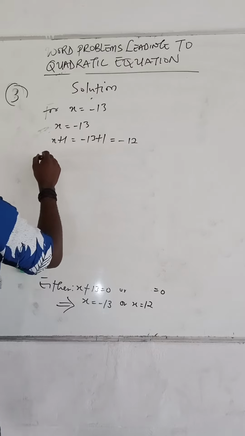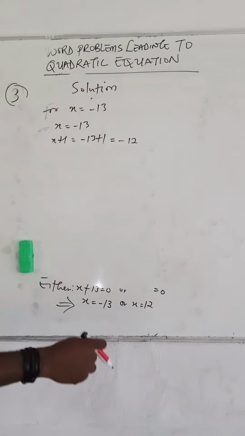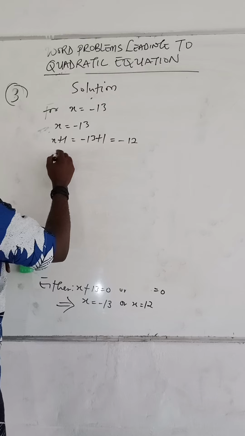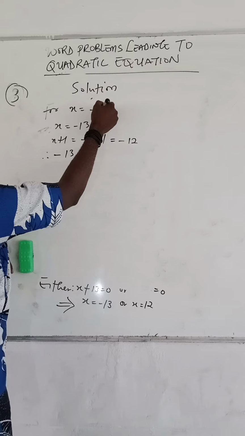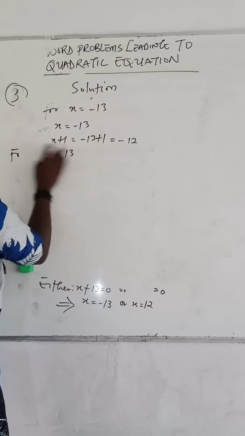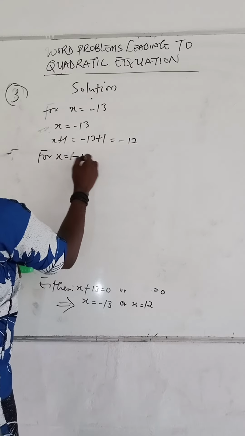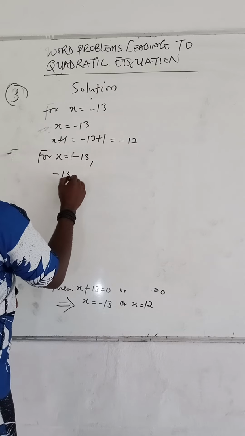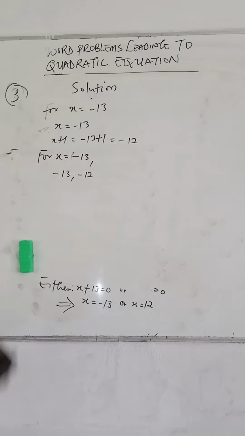So for x equals minus 13, the consecutive numbers are minus 13 and minus 12. Their product will give us 156.